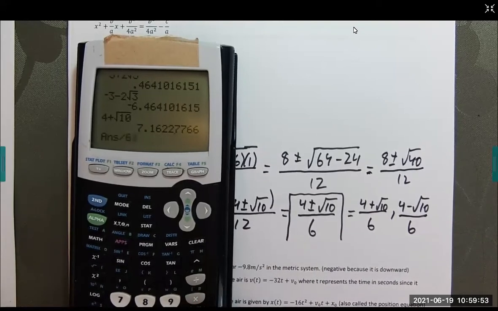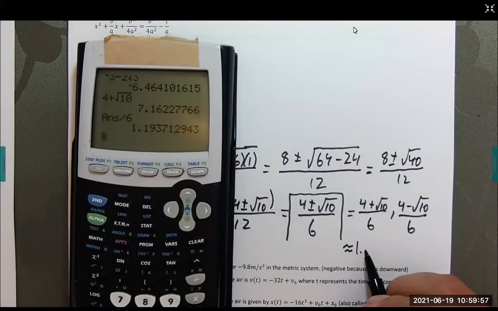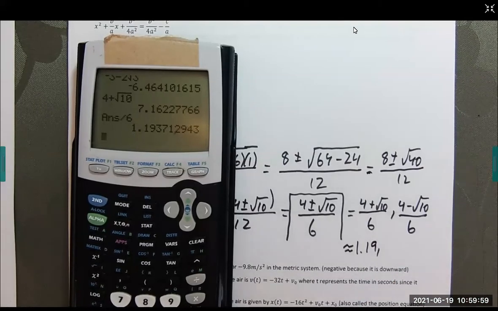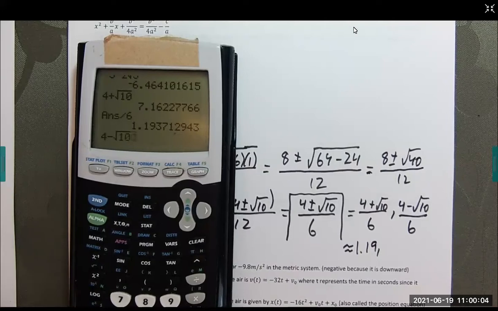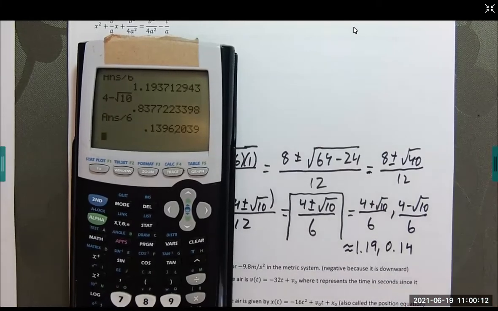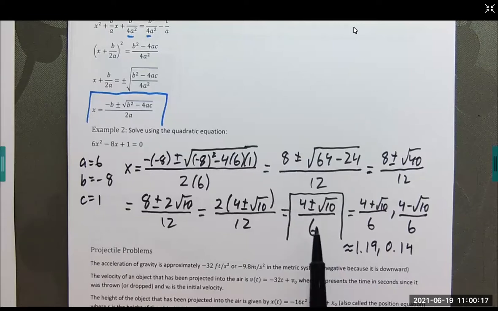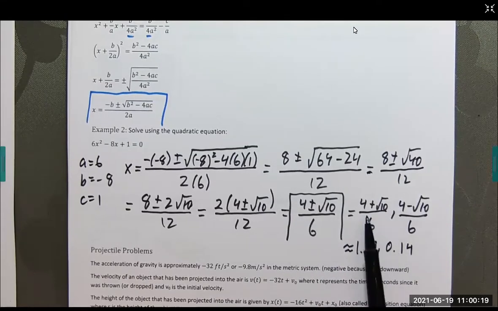If you don't, then you could run into some problems. 1.19, we'll say, or minus the square root of 10 equals, then divide by 6. 1, 4, we'll round it off. So again, here's the 3 different ways to present your answer, with the plus or minus, breaking it down into the 2 separate, and then actually getting decimal approximations.